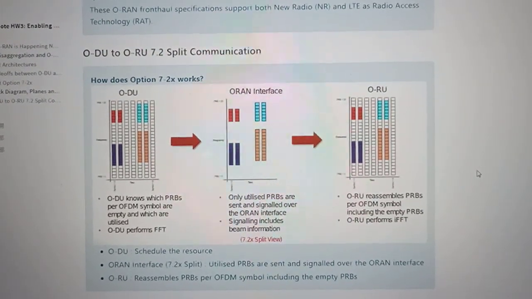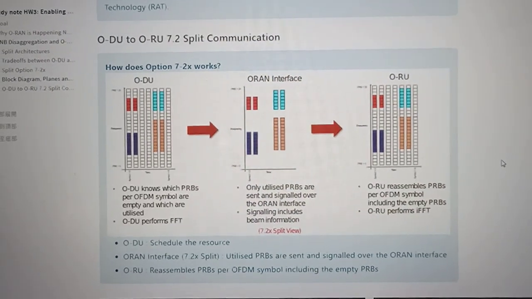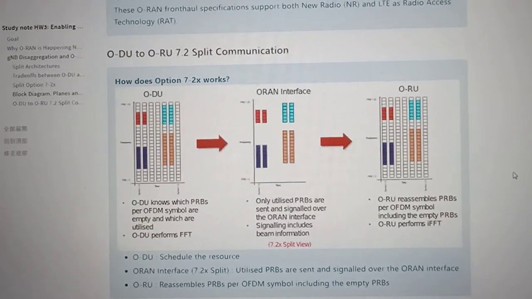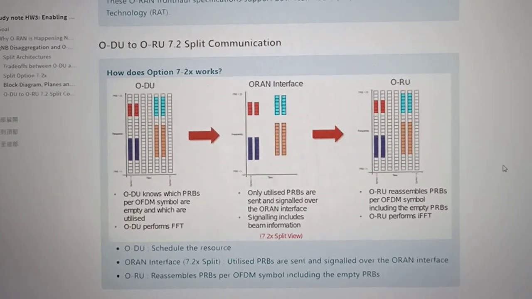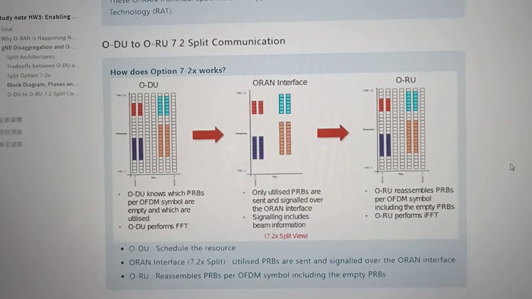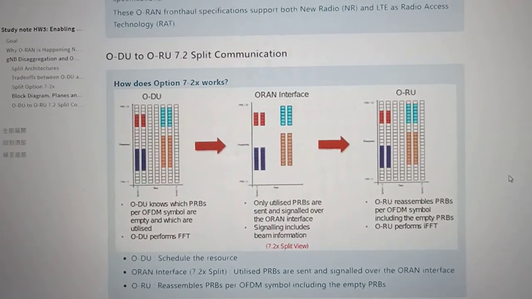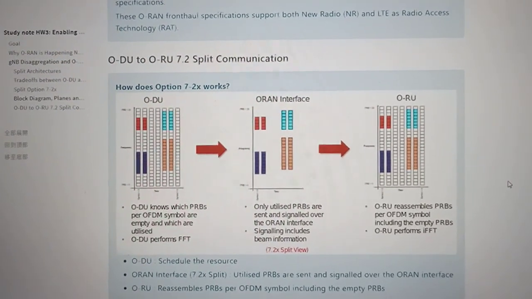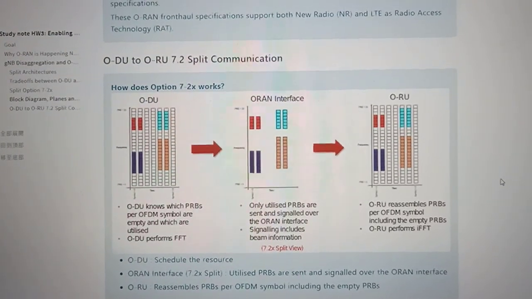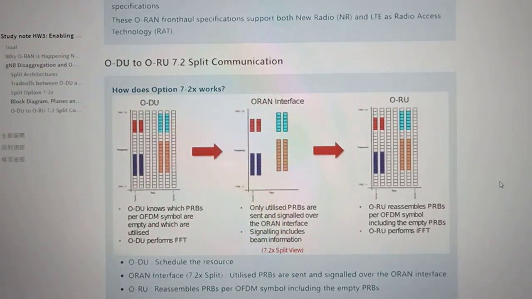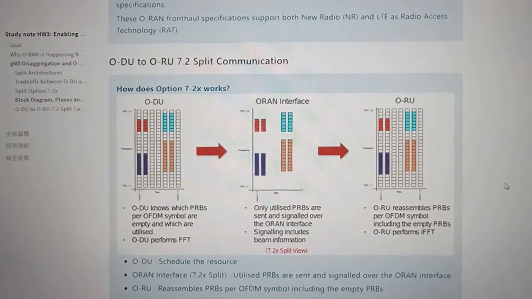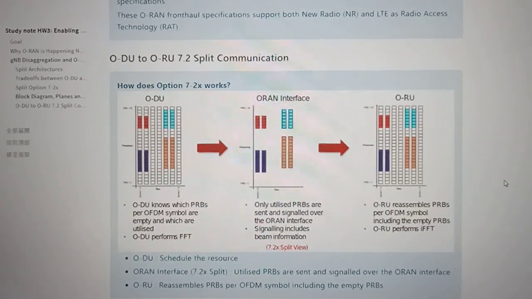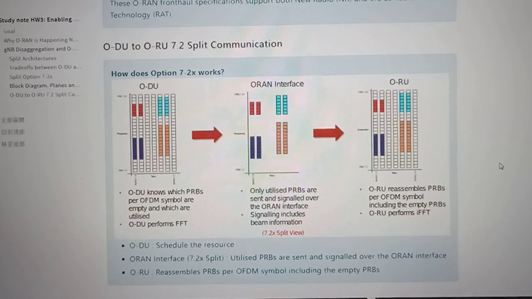Then the O-RU will assemble the PRBs per OFDM symbol, including the empty PRBs. Then finally, the O-RU will send the data like the allocations. So this is all about the Fronthaul interface, the split 7.2x, which O-RAN chose to be the Fronthaul interface. Thank you.